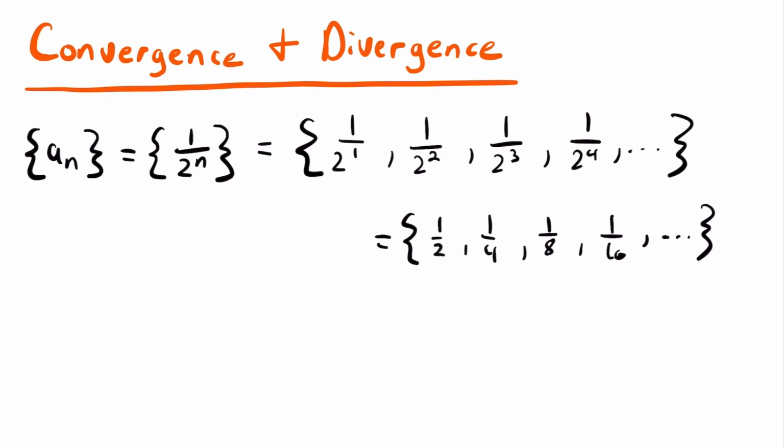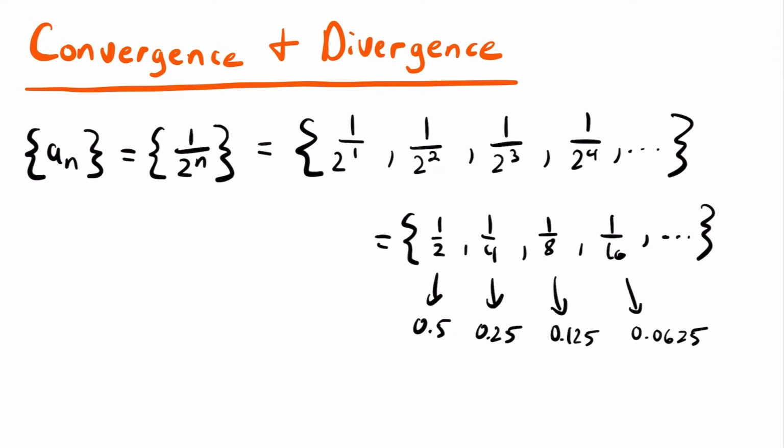And what's happening here with the terms in this sequence is each term is getting smaller, right? 1/2 in decimal form is 0.5, 1/4 is 0.25, 1/8 is 0.125, and 1/16 is 0.0625.